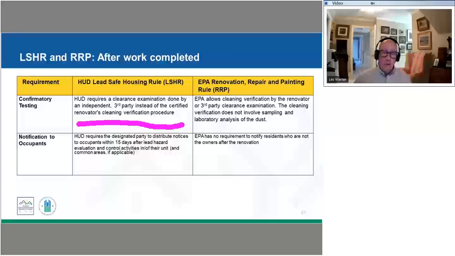And so, planning for that, we talked about having that procurement done for the risk assessor who's going to do the certification. Needs to be somebody different than that actual contractor themselves. But also, since in the case of project-based assistance, we're in many cases going to be turning to that owner and saying, okay, this is the treatment that's required.